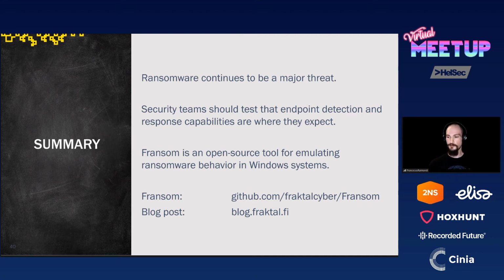And in order to automate the emulation of all these TTPs used by ransomware threat groups and attackers, we decided to develop an open source tool, which we named Fransom, which helps assess and measure the effectiveness of existing defensive technologies inside an organization.